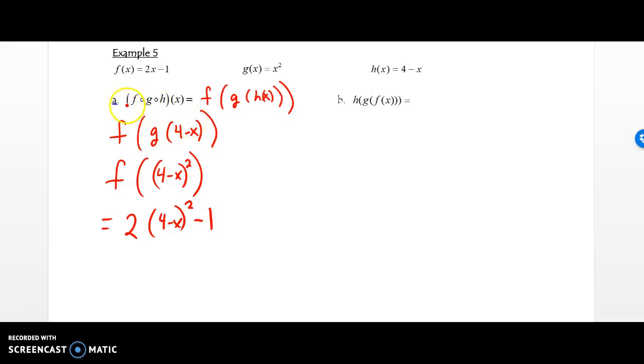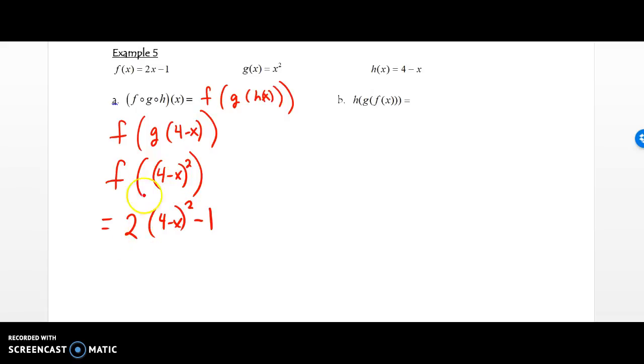So again, remember working that h of x is the inside function, g is the next layer, and f is the outer layer. So this says we evaluate g using h of x. So h of x was 4 minus x, so we put that into g. And function g says we square it, so then we had 4 minus x squared.